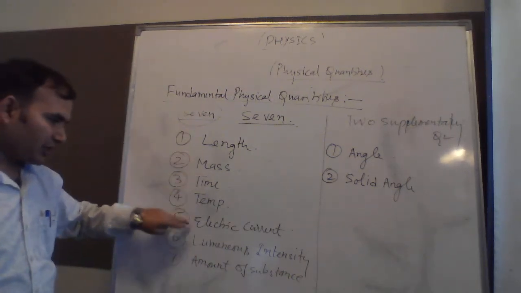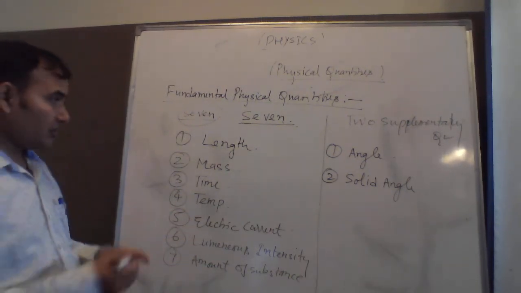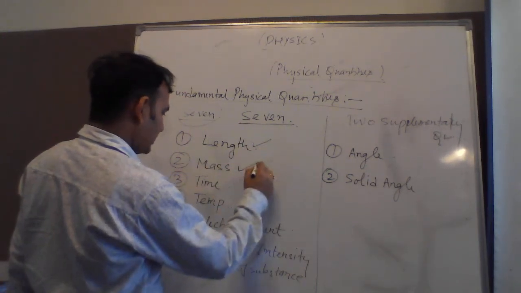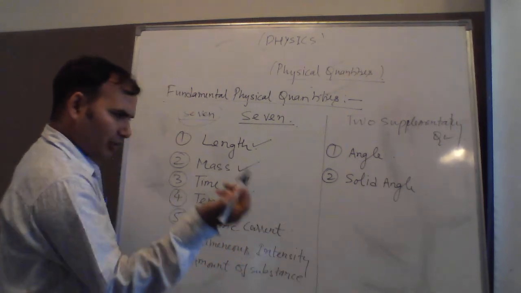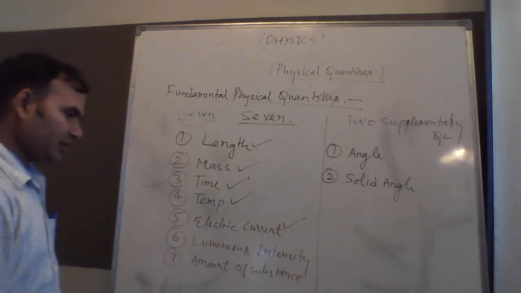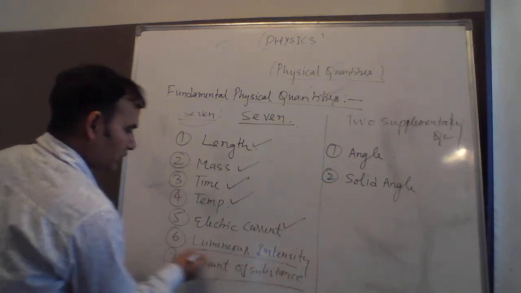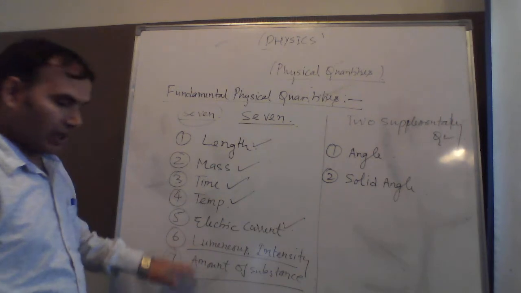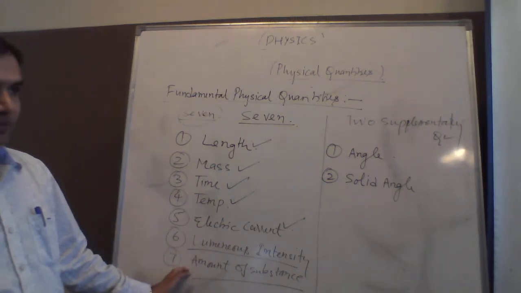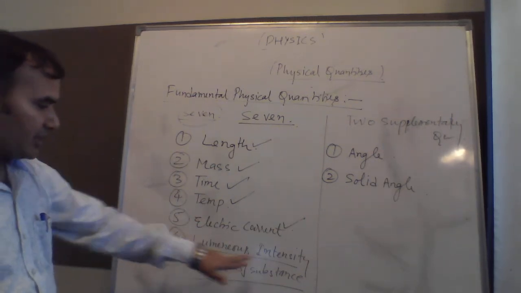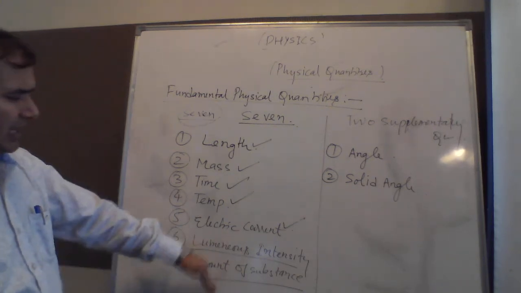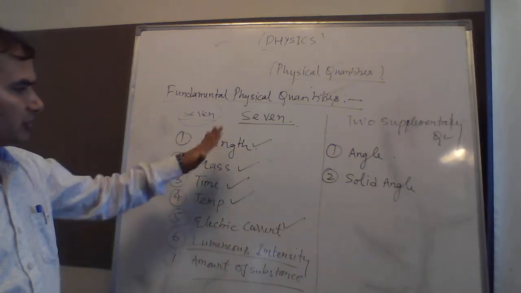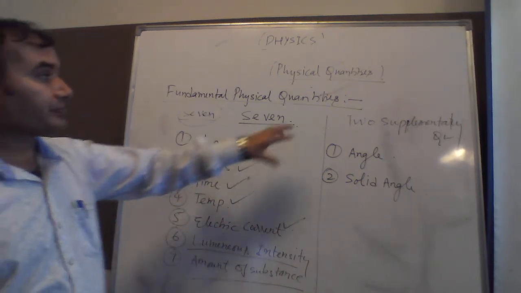Length, mass, time, temperature, electric current, luminous intensity, amount of substance. Among all these quantities, you are aware of length, mass, time, temperature. Some of you may be aware of electric current, but these 2 are new. So simply you have to memorize these 2 only, because 5 you are aware of, only 2 are new for you, right? These 2: luminous intensity, amount of substance. I'll explain it in detail in 11th standard. For you, the name is enough, right?